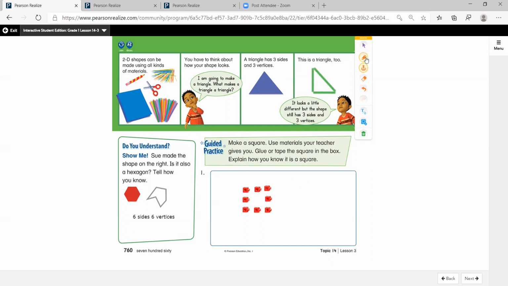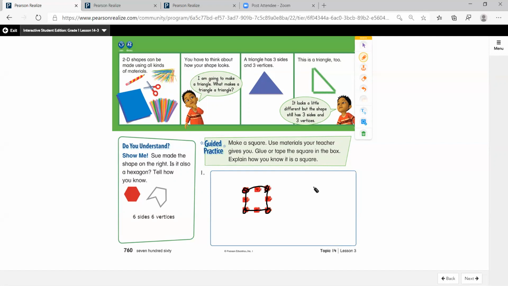And if I trace around the shape I've made, I count 1, 2, 3, 4 sides, and again 1, 2, 3, 4 vertices. Remember, a square has 4 sides and 4 vertices.